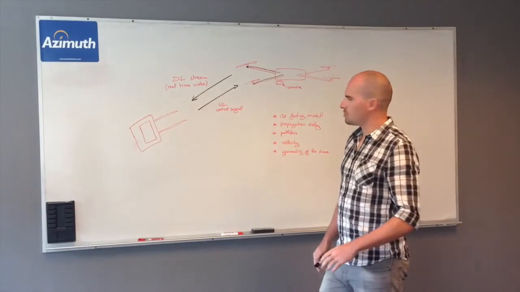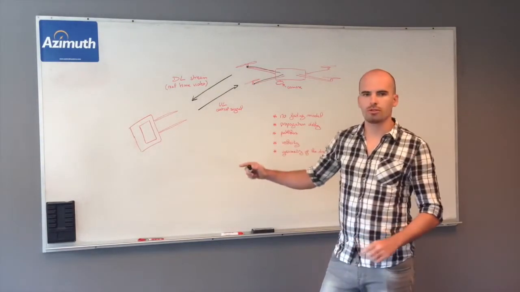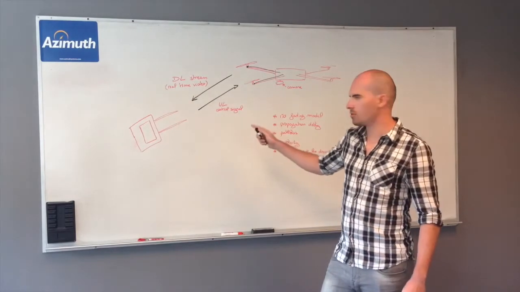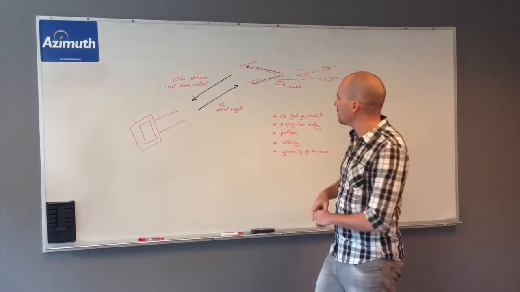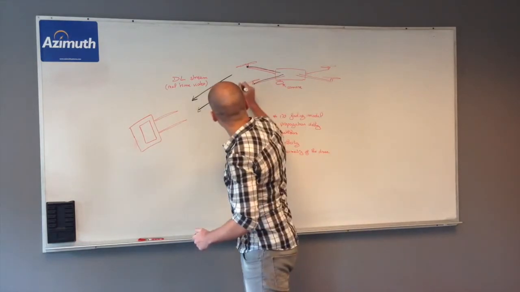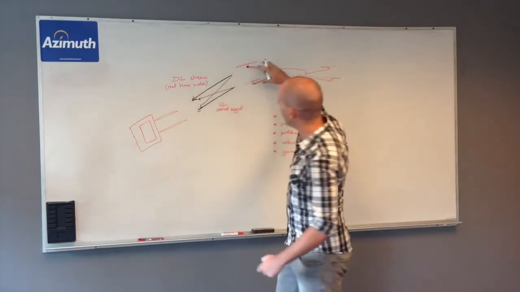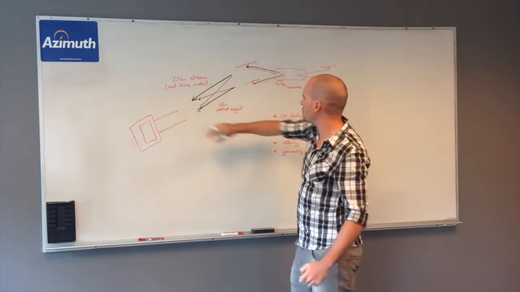To be more precise, we use a Wi-Fi connection between the drone and the controller. It can be either 2.4 or 5.9 gigahertz. So each antenna from the drone is sending signal to the controller.